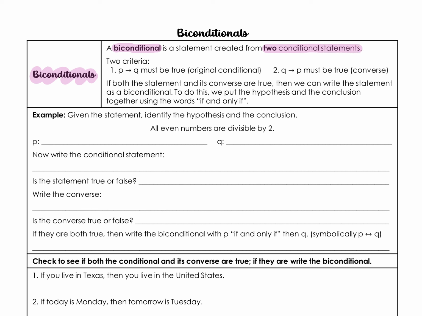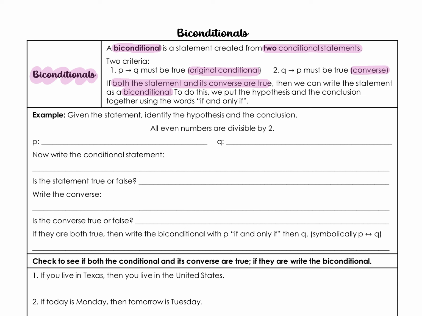The two criteria are that P then Q must be true, so that's the original conditional, and Q then P must be true, so that's the converse. If both the statement and its converse are true, then we can write the statement as a biconditional.